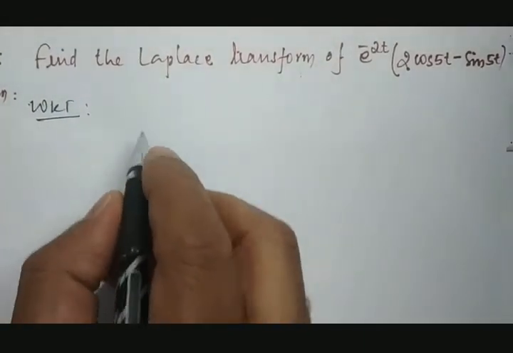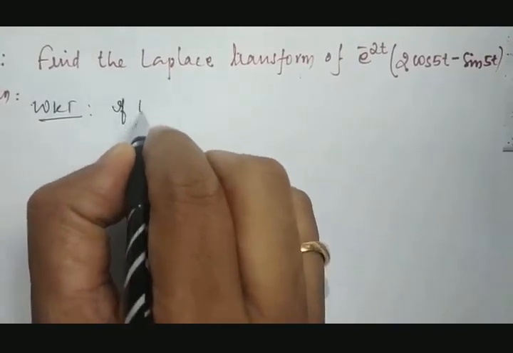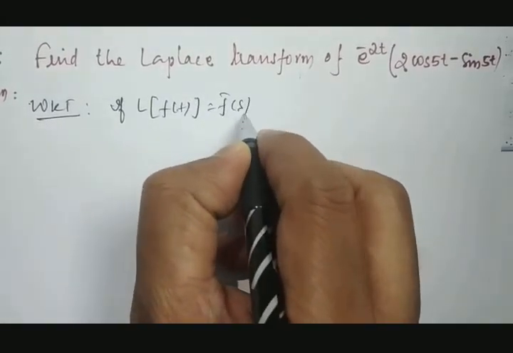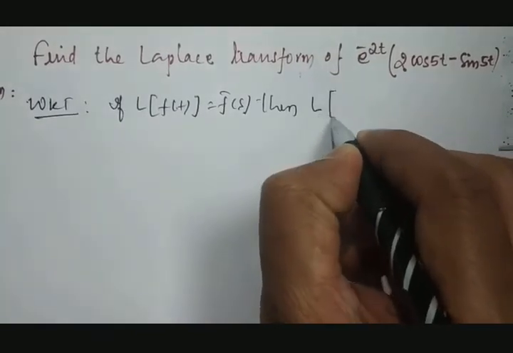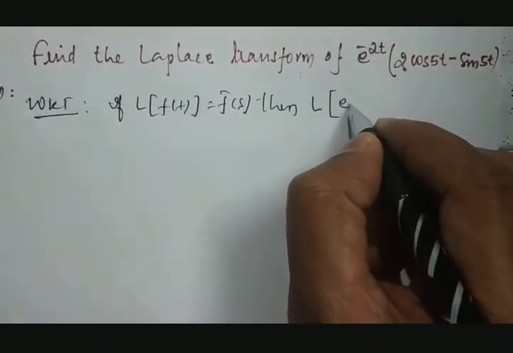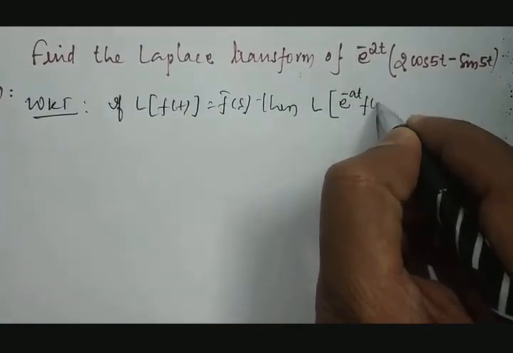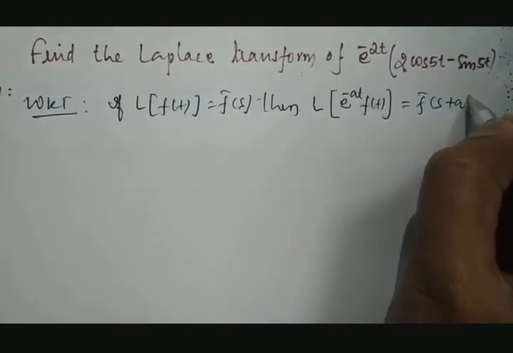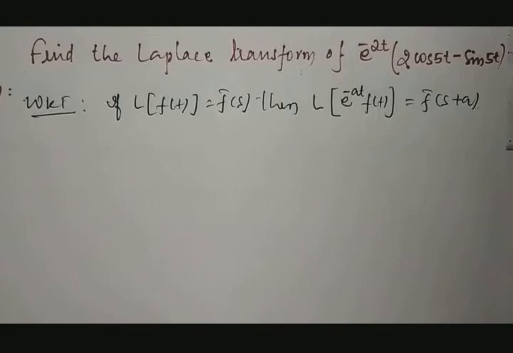We know that shifting property says if L of f of t is equal to f bar of s, then Laplace transform of e raised to minus at into f of t is equal to f bar of s plus a, means the result is going to be advanced with a. This is the result.